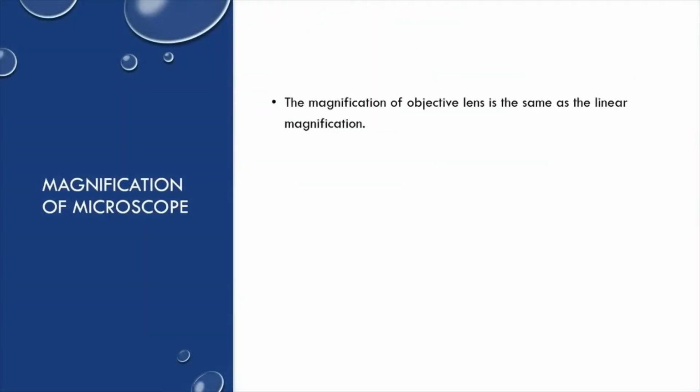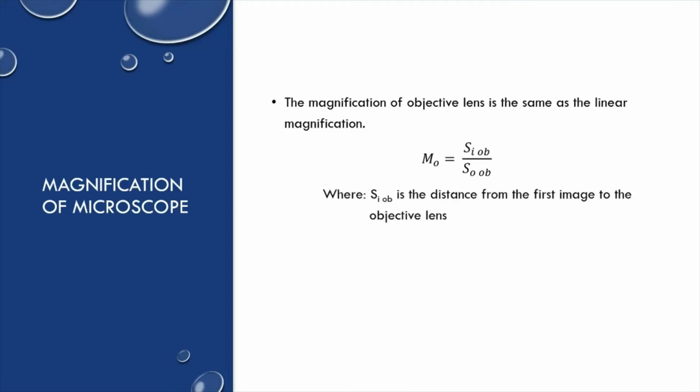The magnification of the objective lens is the same as the linear magnification. So MO equals SIOB over SOOB, where SIOB is the distance from the first image to the objective lens, and SOOB is the distance from the object to the objective lens.